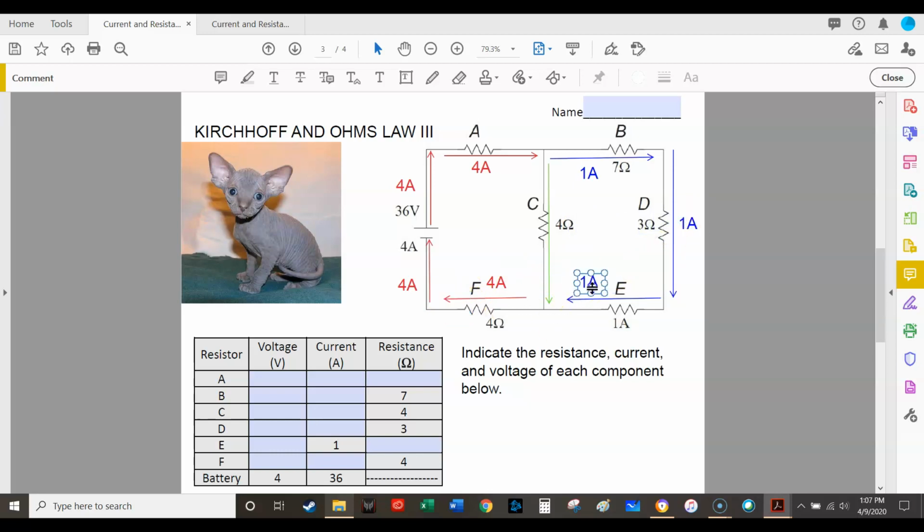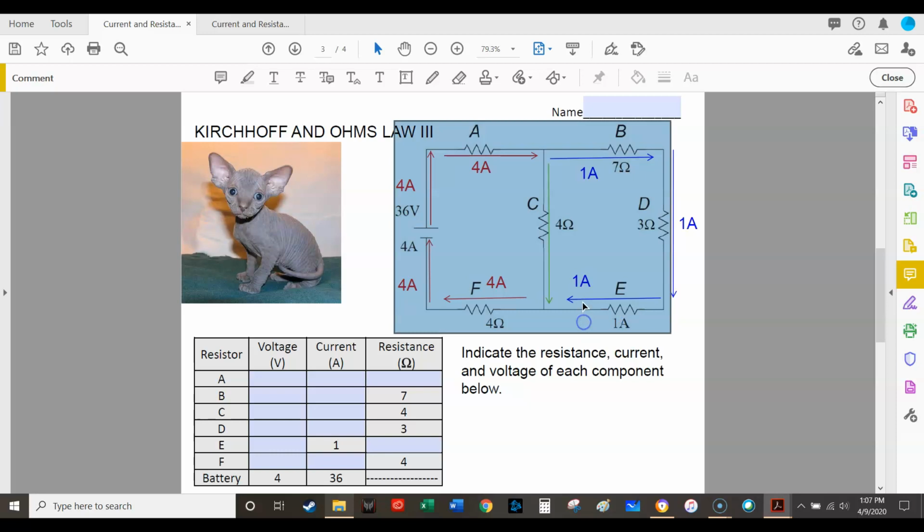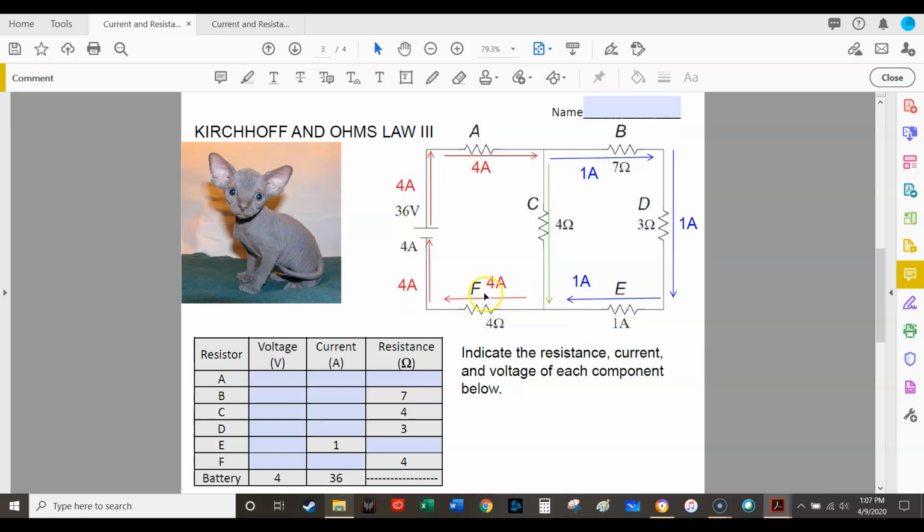And even though it's right there below, I'm going to put it right here so I could see that the 4 amps is leaving, and the blue 1 amp is coming in. So this kind of helps us a little bit, because now we know that green is coming in, joining up with blue being 1 amp, and that 4 amps is leaving.